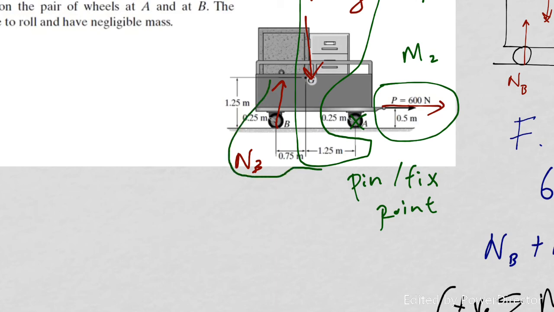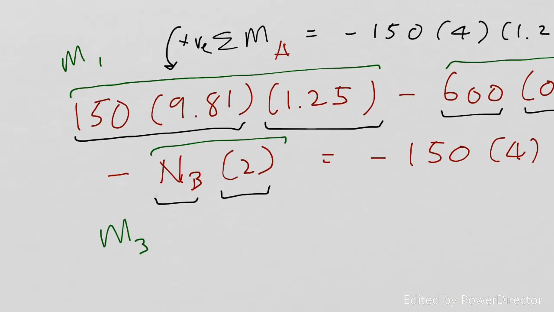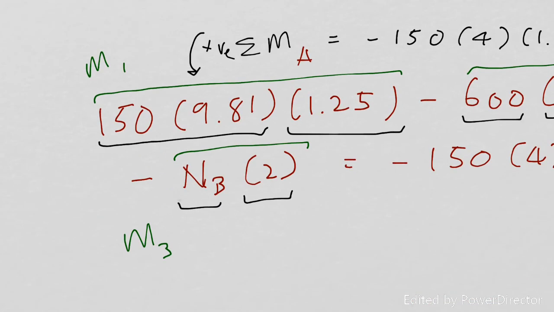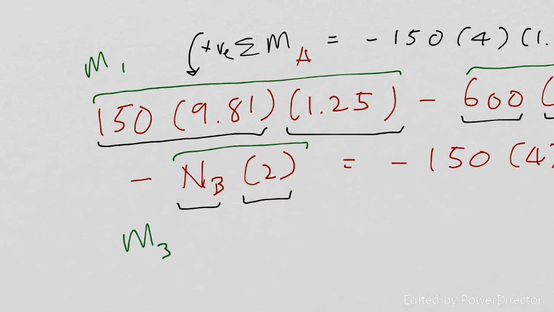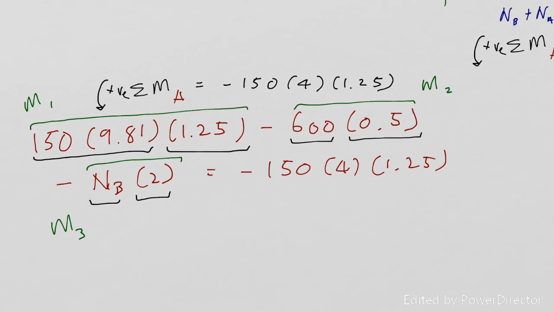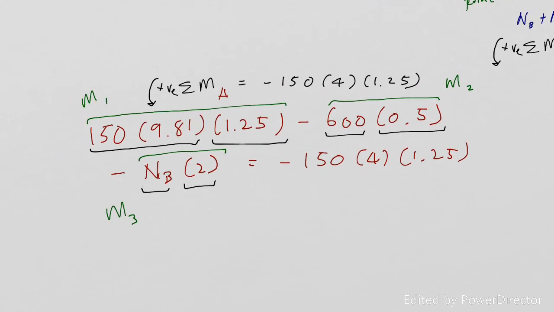So NB, that will be 0.75 plus 1.25, the total distance, so that will be 2. So over here our M3, that's why we write NB times 2, and of course equals to that mathematical expression we got just now over there.